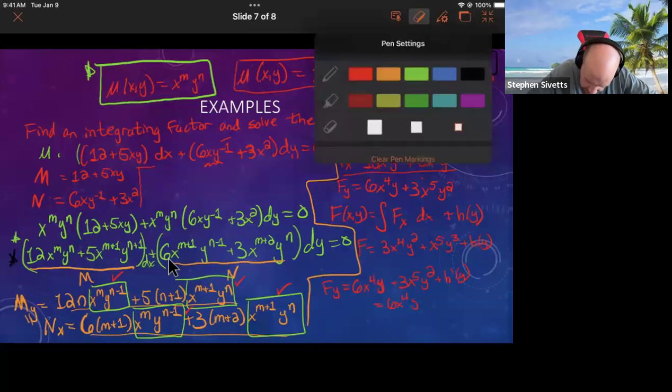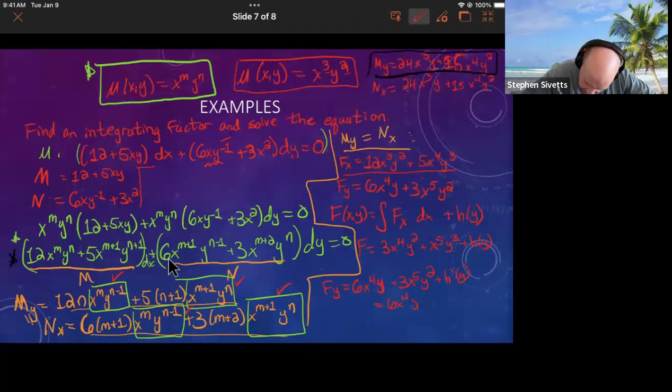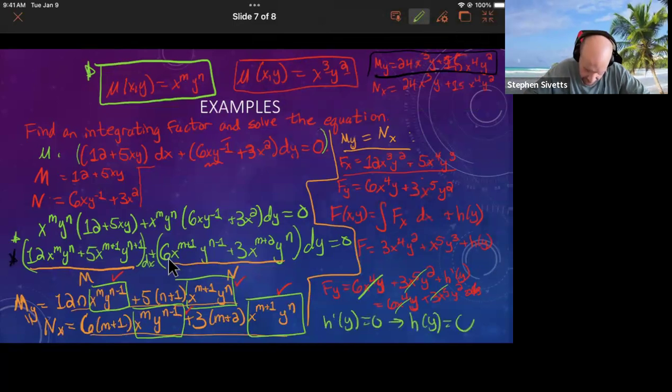So that would be times y, and so those will equal. These terms will cancel. You'll just get the h prime of y is 0. So that means h of y is just a constant, right?